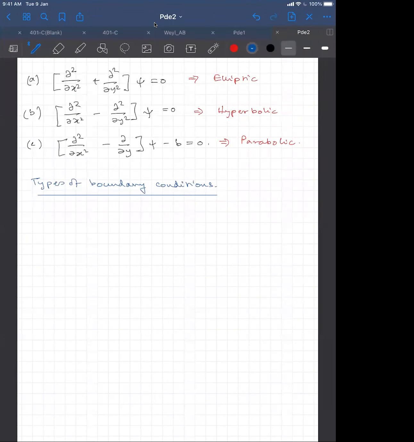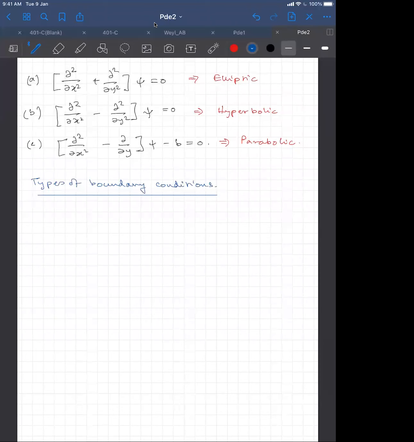We emphasized earlier that differential equations that define these physical systems, if we solve them, do not yield a unique solution that corresponds to a particular physical situation. In order to do that, these differential equations need to be augmented by some boundary conditions. If these boundary conditions are appropriate for the partial differential equation at hand, then this is going to yield a solution that is unique to the problem at hand.